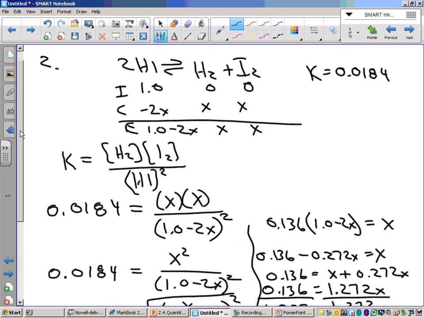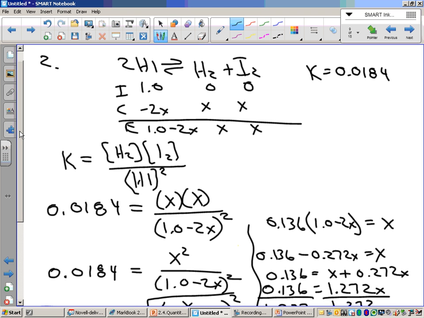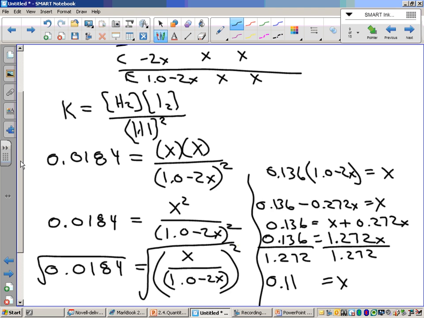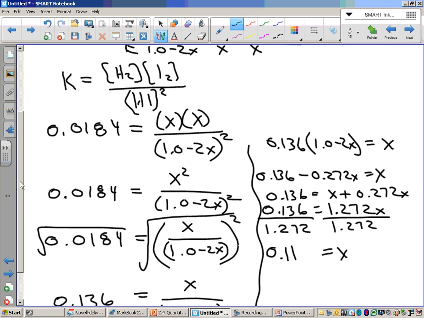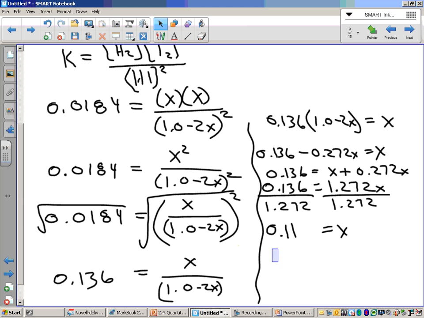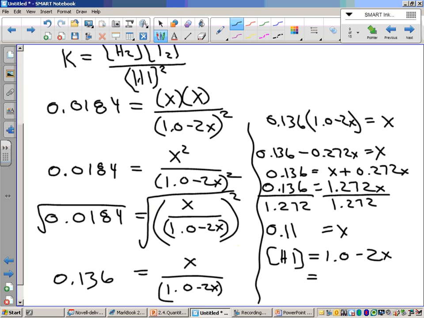Okay, anyway. So now we just have to substitute back in. So H2 1.0 times, I'm out of room here. I need you guys to help me. HI is 1.1 concentration, concentration HI, what is that? 1.0 minus 2x, right? 1.0 minus 2 times 0.11.